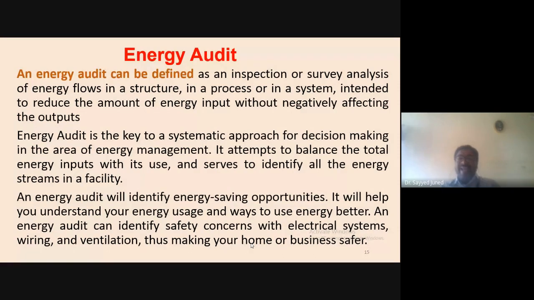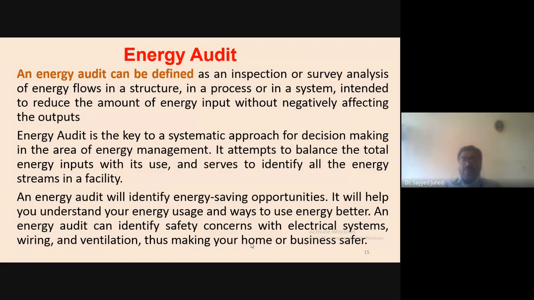This energy audit is the key to a systematic approach for decision making in the area of energy management. It attempts to balance the total energy inputs with their use and serves to identify all the energy streams in the facilities. An energy audit will also identify energy saving opportunities.